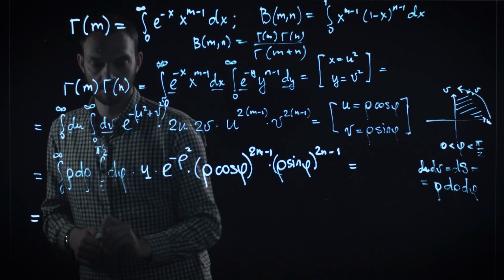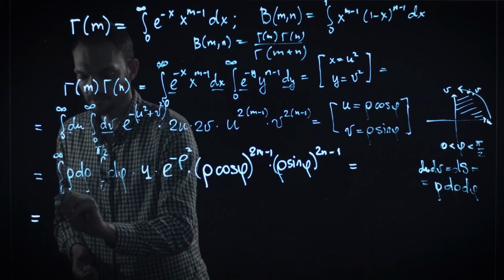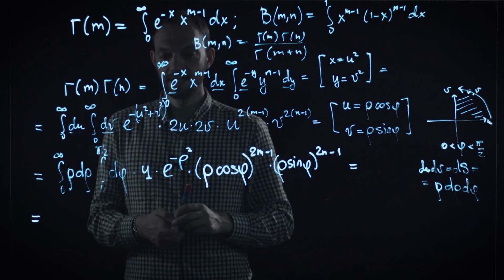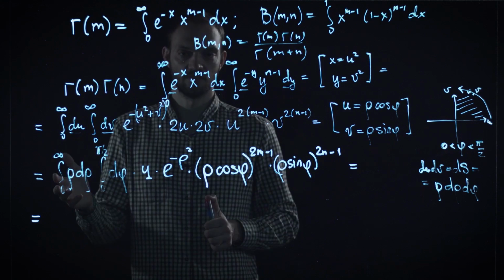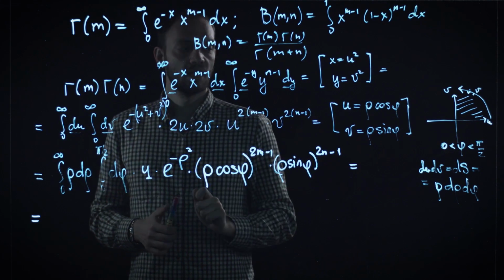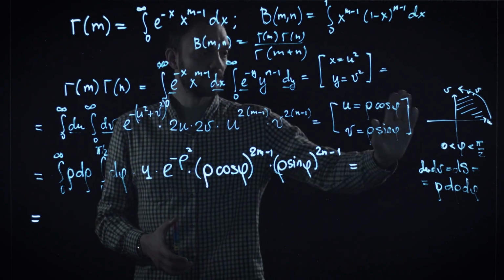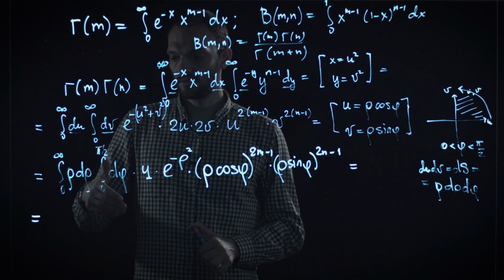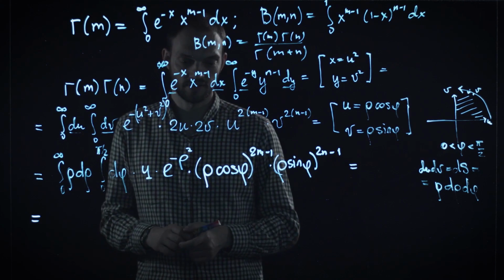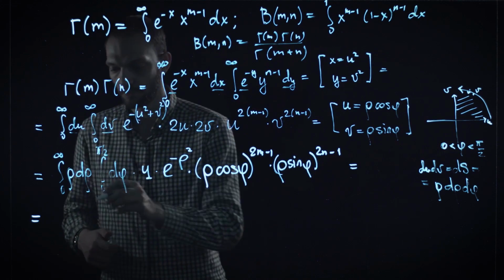Interestingly, part of this integral can be evaluated explicitly, and in fact, after this change of variable, the integral again factorizes into a product of two independent integrals. So this is the trick, the most important trick. We had a product of integrals. Then after a change of variables, it became an integral over the plane. And now after we switch to polar coordinates, the integral again factorizes into an integral over rho and an integral over phi. And this trick actually does the whole job here.